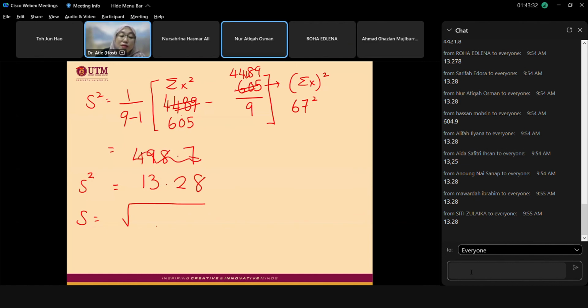So therefore, in order for you to find s, you need to take the square root of that number. So what do we get? Nabila, what do you get? Yes, doctor.